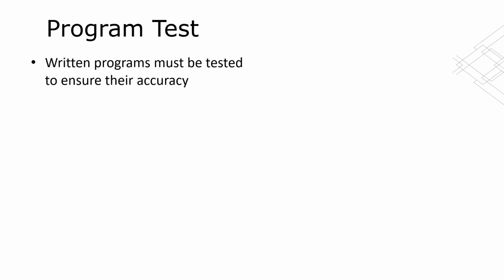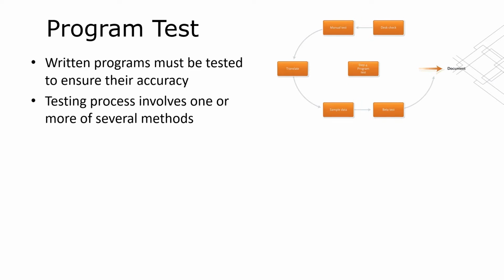After program has been coded, it must be tested. Written programs must be tested to ensure their accuracy. Testing process involves one or more of several methods, from desk checking, manual testing, translating or compiling, sampling the data, and beta testing.